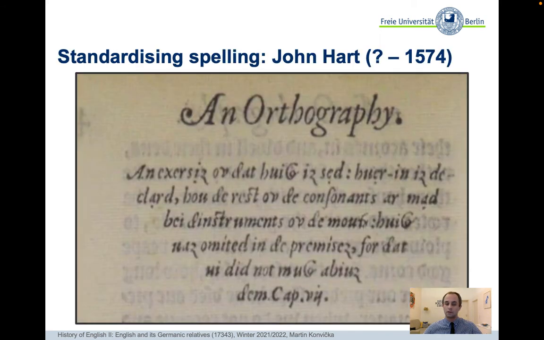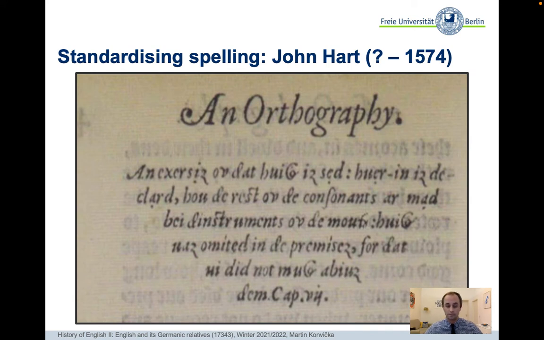Now, if you remember last time, we discussed how people such as John Hart, but also others like William Bullockar, tried to standardize the spelling. They were aware of the fact that the English spelling of that time did not really reflect the way people pronounce the words. So there was a series of spelling reforms.